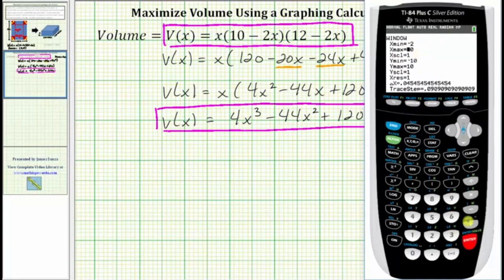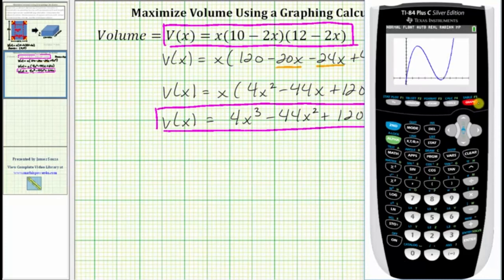Let's leave the x max at 10 and leave the x scale at 1. But let's go ahead and change the y min to -20 and the y max to 120. And let's also change the y scale to 10. And now let's press graph and see what we have. We may have to come back and adjust the window more.